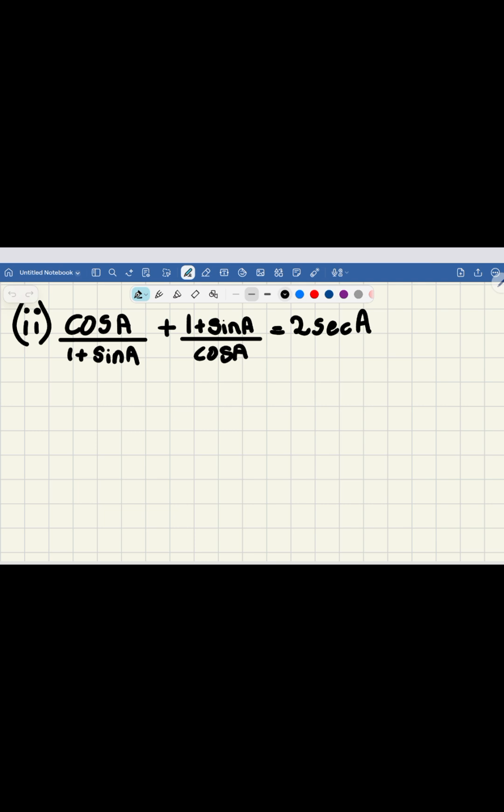So now, what is 1 plus sine a multiplied with cos a, and the same you're going to multiply in the numerator, so that becomes cos square a, all right, by cos a into 1 plus sine a.